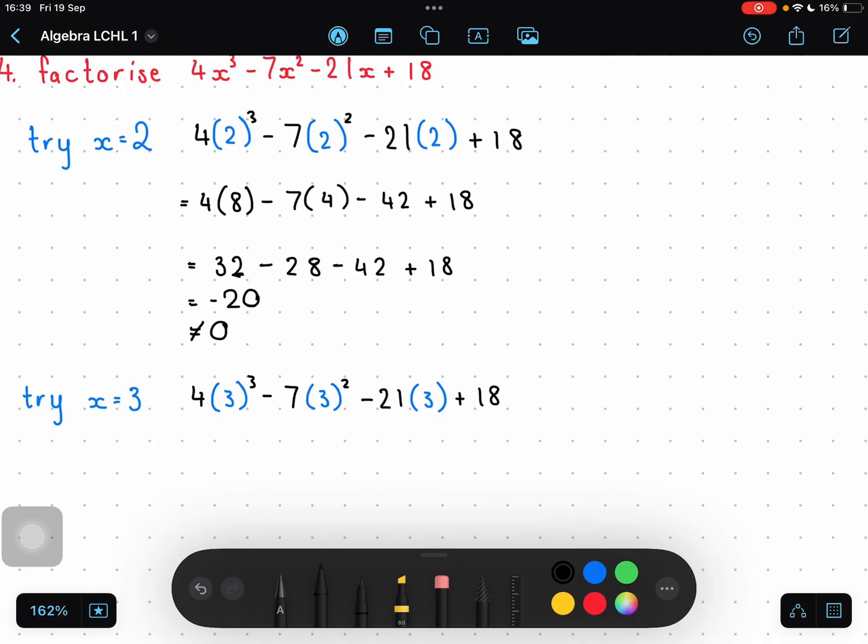Okay, so I'm going to get 4 by 27 minus 7 by 9 minus 63 plus 18. Okay, so that's going to be 108 minus 63 minus 63 plus 18. And that is equal to 0.